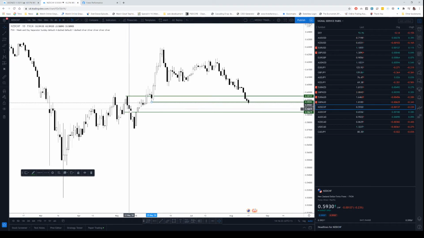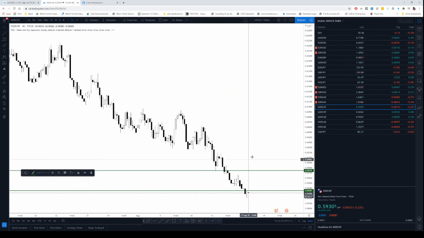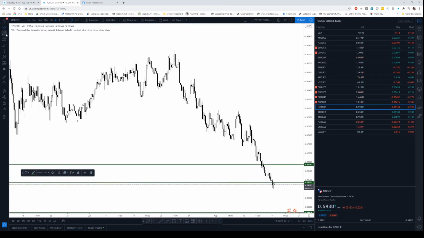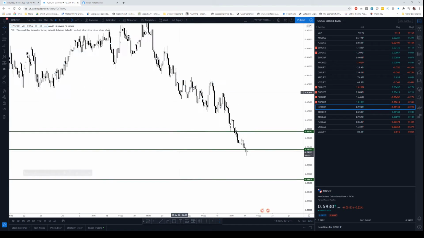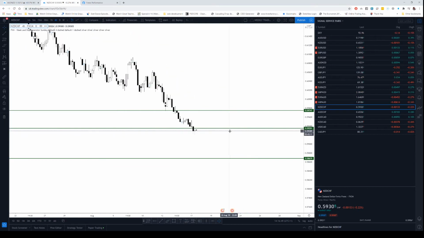These five candles here, that's the weekly level, and it did take out this low, so it is a meaningful level. The next target on this pair is down here. If we do get some form of a retracement, then I'll probably look for a sell for a continuation to the downside.